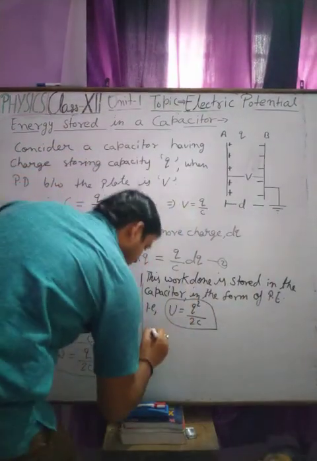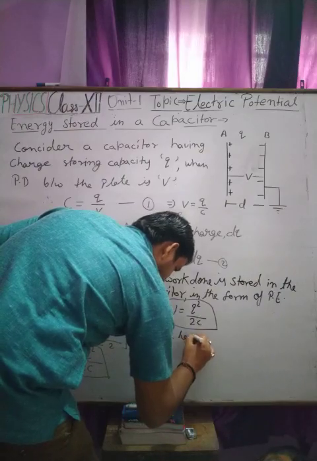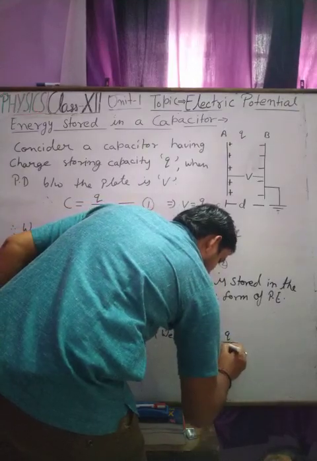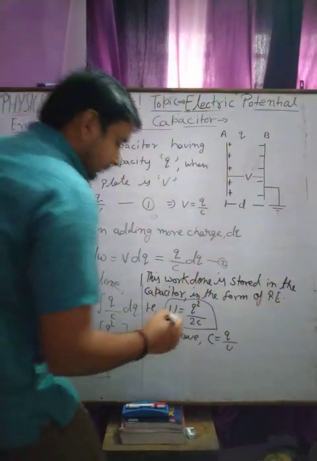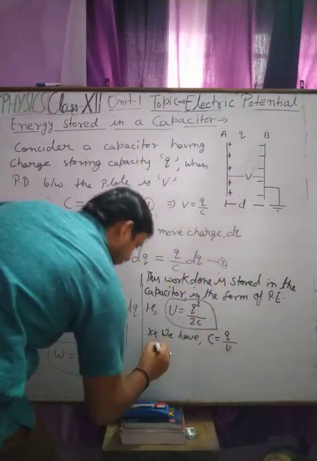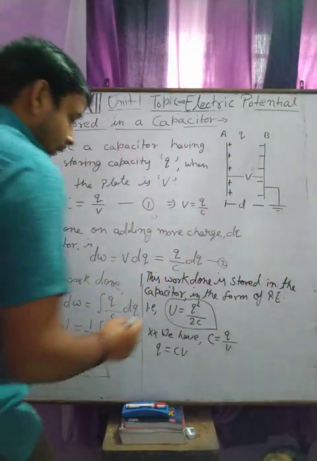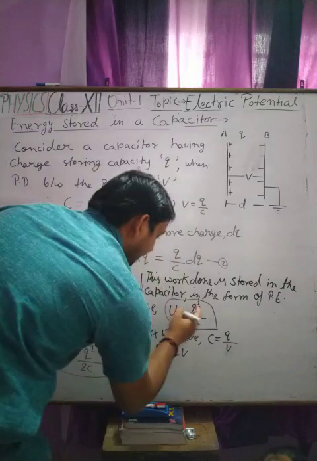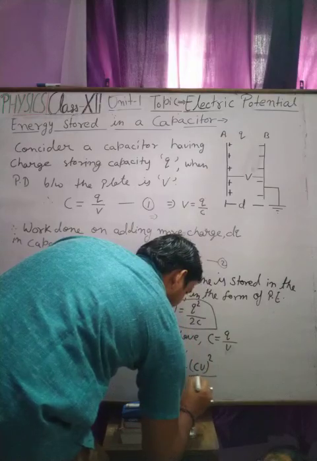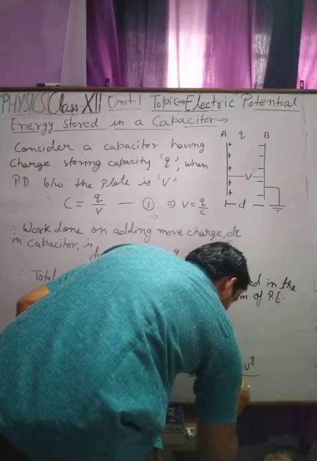Now student, we have C is equal to Q upon V. Now we apply the value Q is CV in the energy, that is U is equal to C square V square upon 2C.